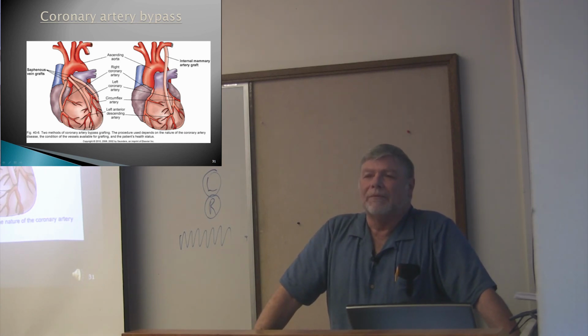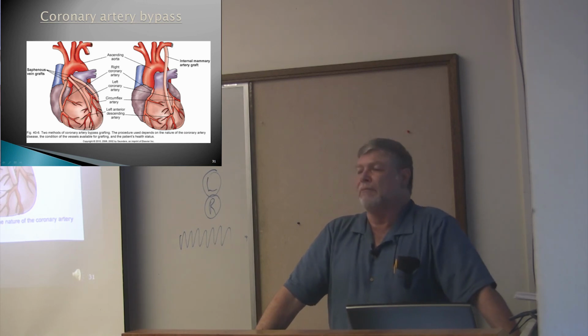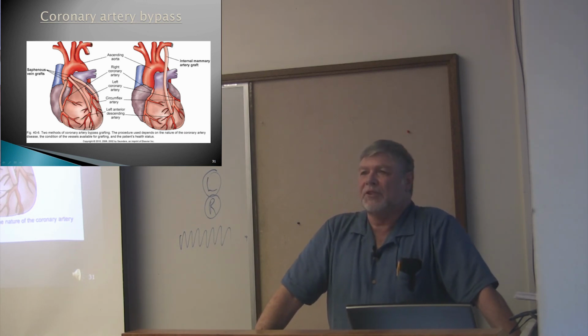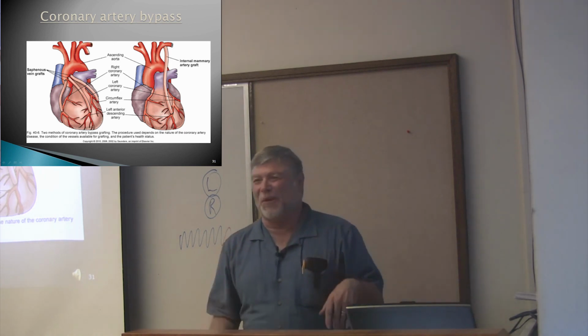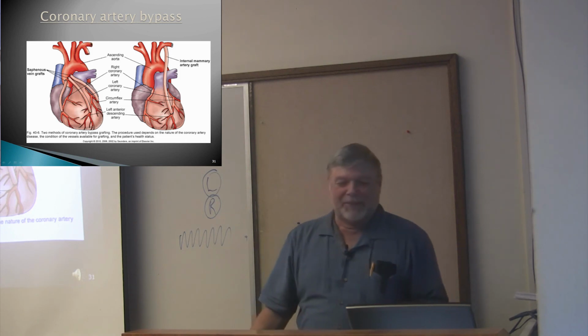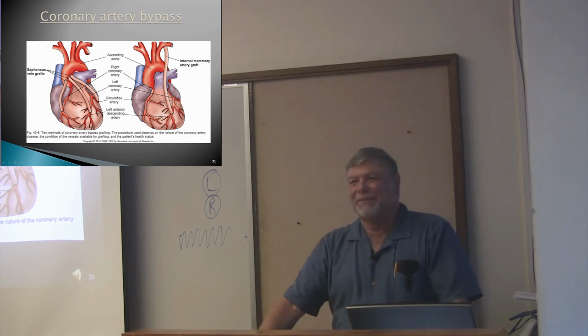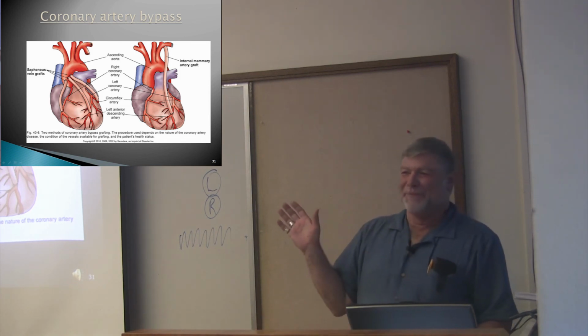Or they'll use like the internal mammary. Where does the internal mammary normally go? Chest wall. Actually it doesn't go to the mammary, it just goes to the chest wall. It just happens to be near the mammary gland. You guys, I like the way you think. Okay, well, anyway.